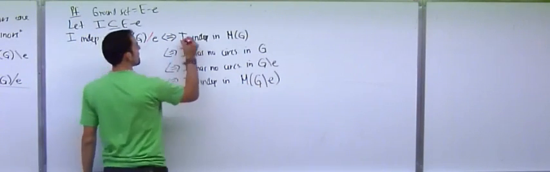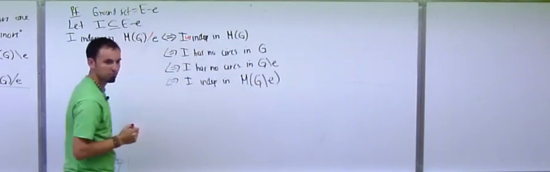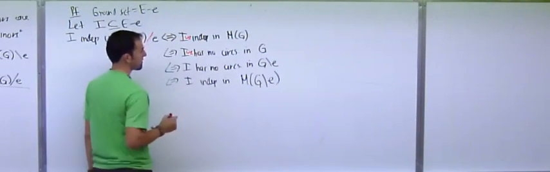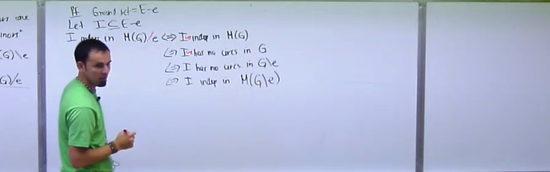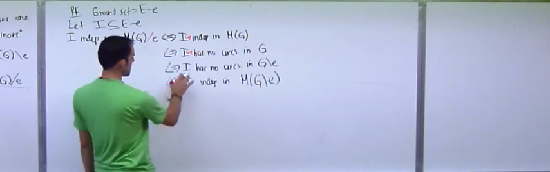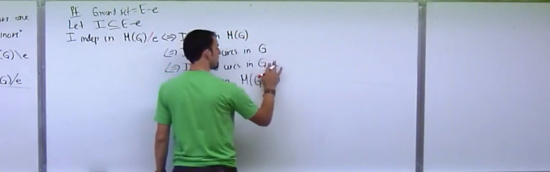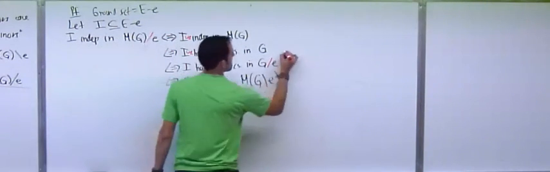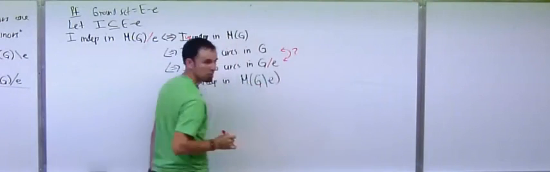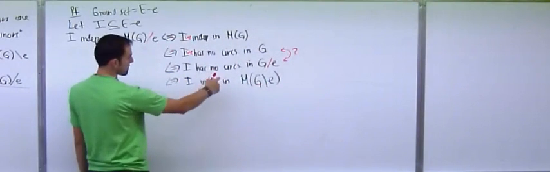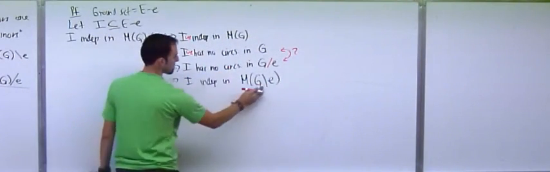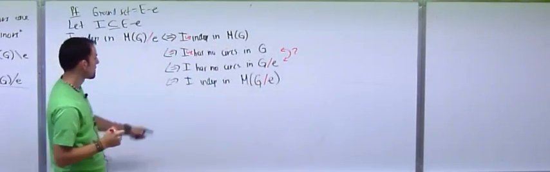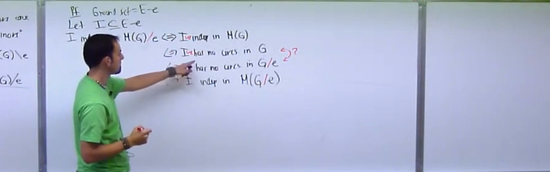So I union E is independent. This means I union E has no circuits in G. Okay. And what I'm going to claim is that this is equivalent to saying that I has no circuits in the contraction. I haven't explained why yet. But if I show that, then I'm done, because the things that have no circuits in the contraction are independent sets of this guy. So the only argument that I need to make is this one.